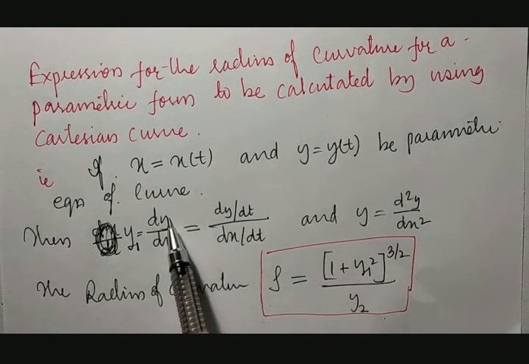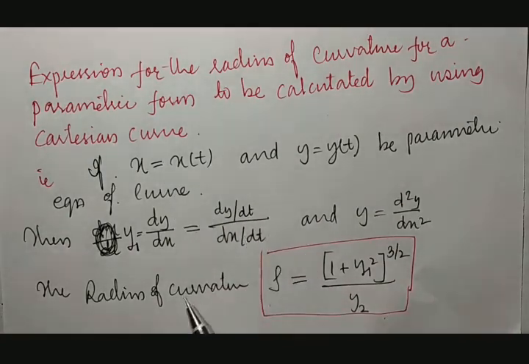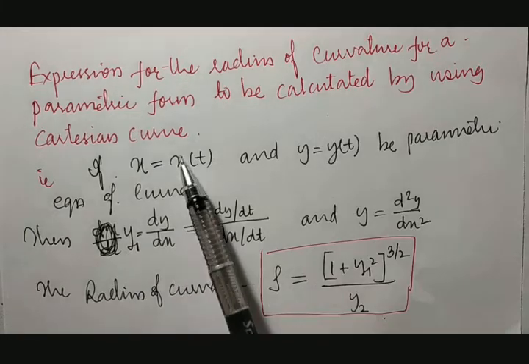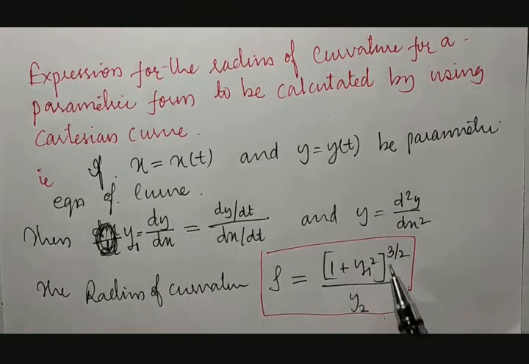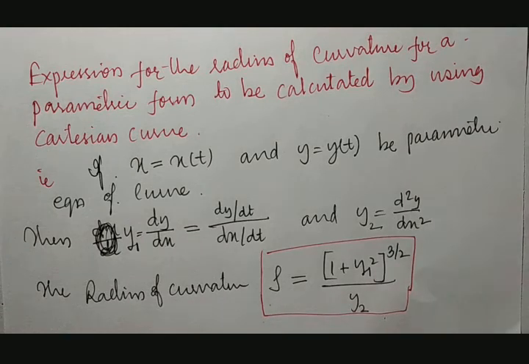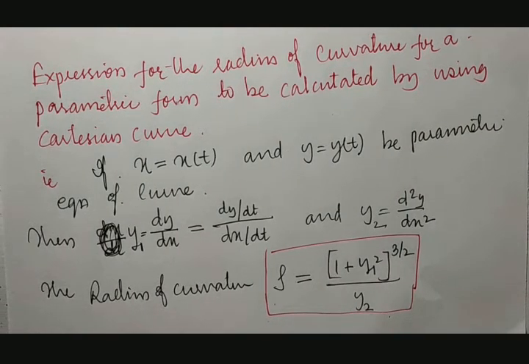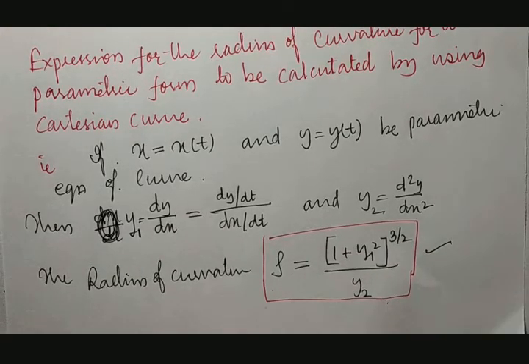Then dy by dx is nothing but the differentiation of y with respect to t divided by the differentiation of x with respect to t. Then dt gets cancelled and we get the dy by dx result. Means now y1 is nothing but dy by dx. Then y2 will be equal to d square y by dx square. Then again the same result.